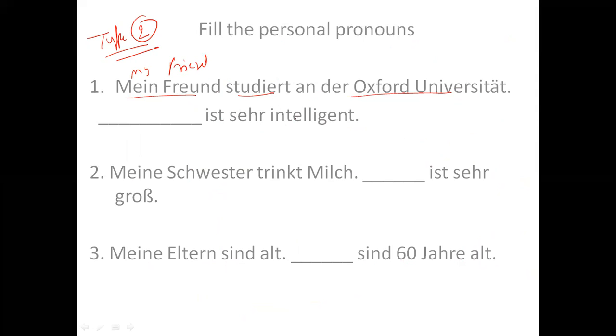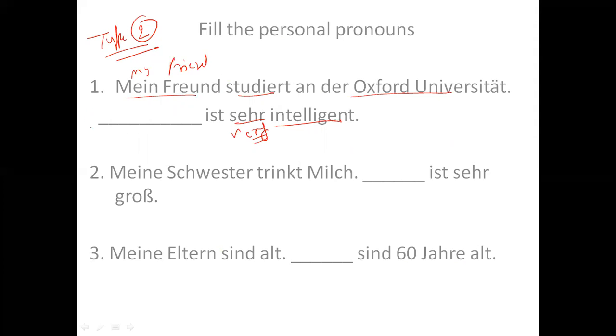Ist sehr intelligent. Intelligent is intelligent. Sehr is very. So Mein Freund studiert an der Oxford Universität, ist sehr intelligent. I must write here my friend is very intelligent. So who is intelligent? My friend.